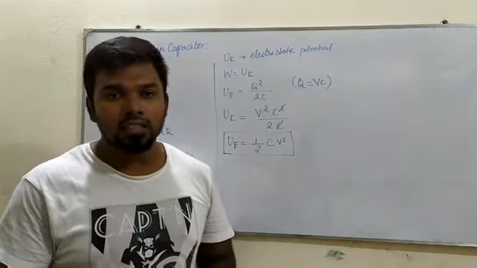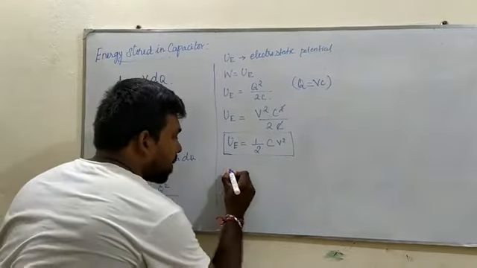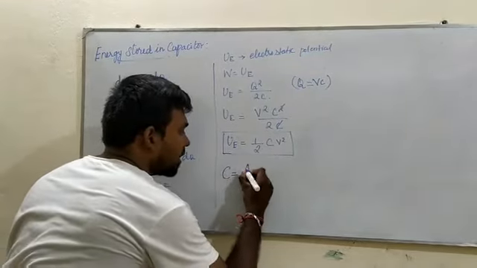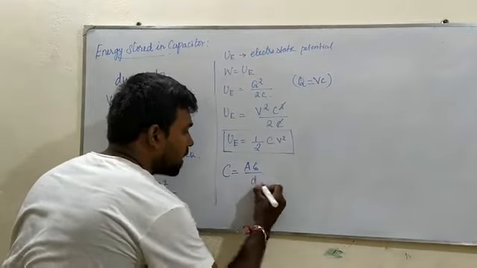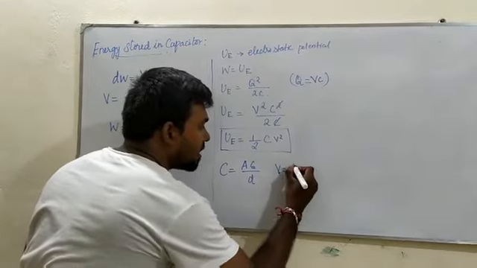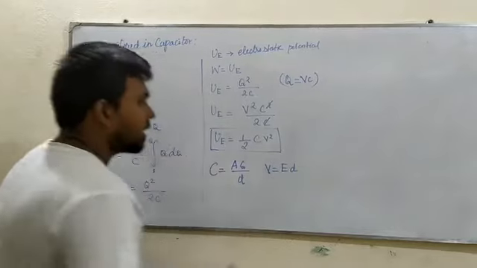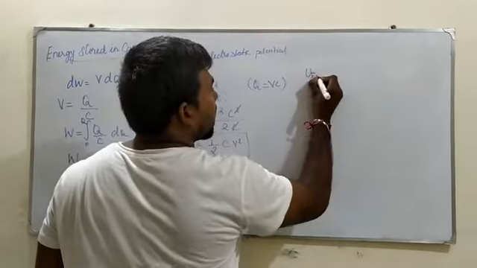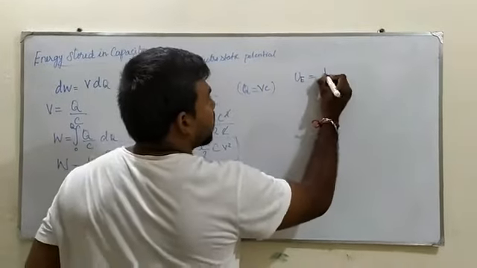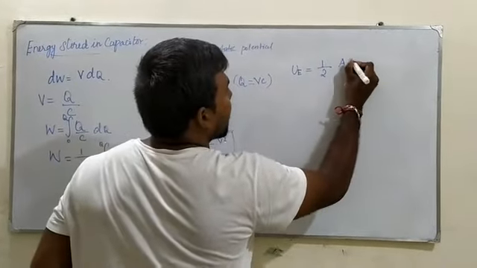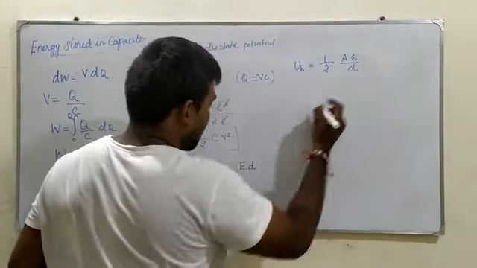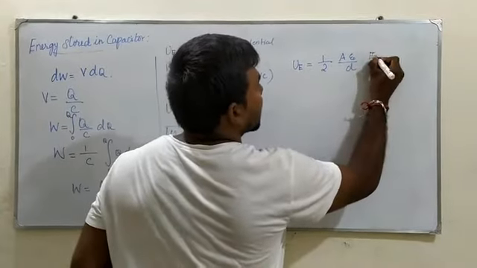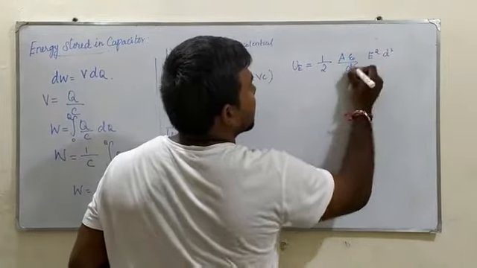In order to answer that, we take the capacitance is equal to A epsilon naught by d, and we know that V is equal to E d. Substituting these two in this expression, UE, the electrostatic potential energy, is equal to half A epsilon naught by d, and this we can write as E square into d square.